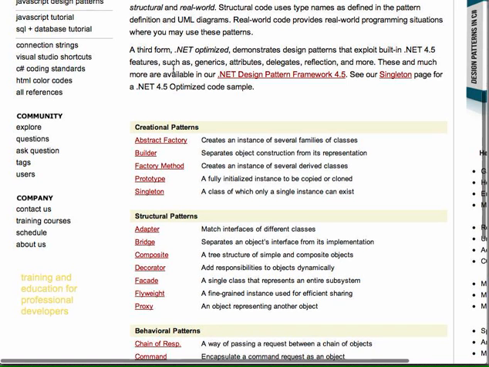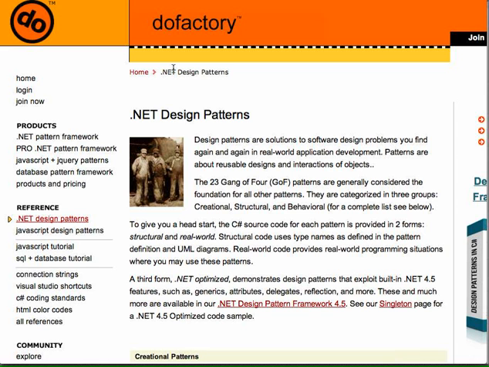One way to study the work of people who've worked on good design is to read books by people like the Gang of Four, who wrote about design patterns. If you're working in .NET, there's a ton of information. There's also a ton of information about Java design patterns.